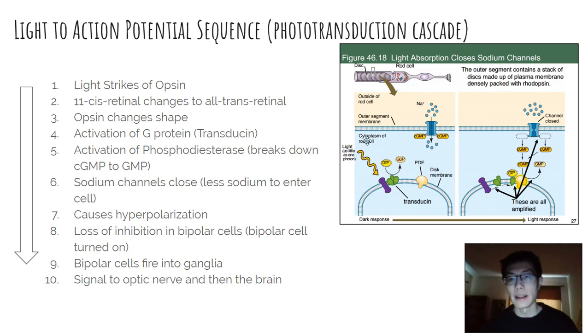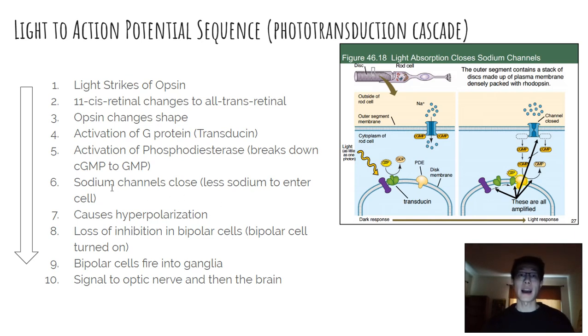However, when light strikes, it's going to cause this cascade that causes the phosphodiesterase to change the cGMP into normal GMP, and so they are no longer going to be bound to the sodium channel, because you're removing that cGMP and it's no longer available to bind to those sodium channels, and those sodium channels end up being closed. The closing of the sodium channels means less sodium entering the cell, and this causes hyperpolarization.